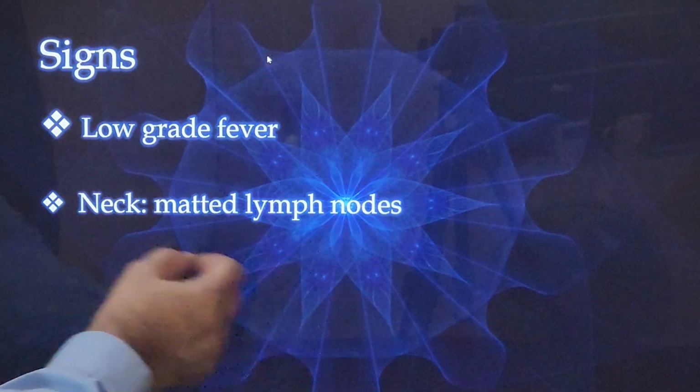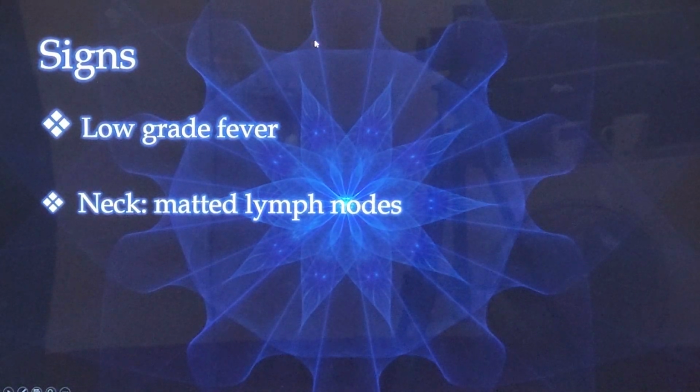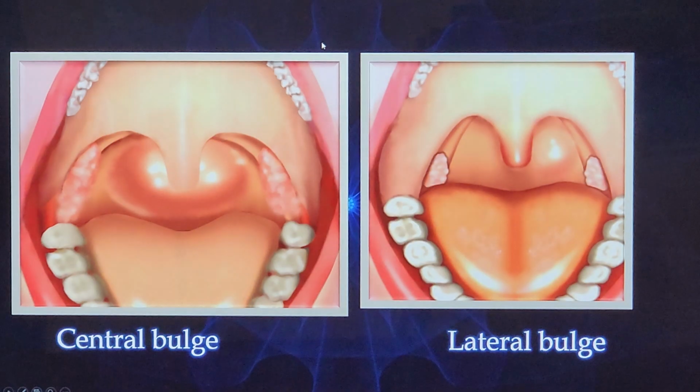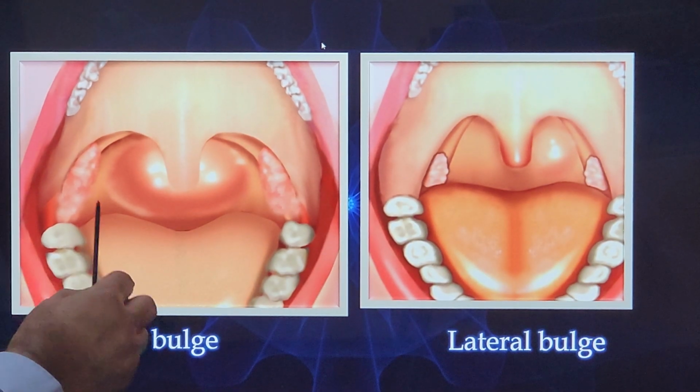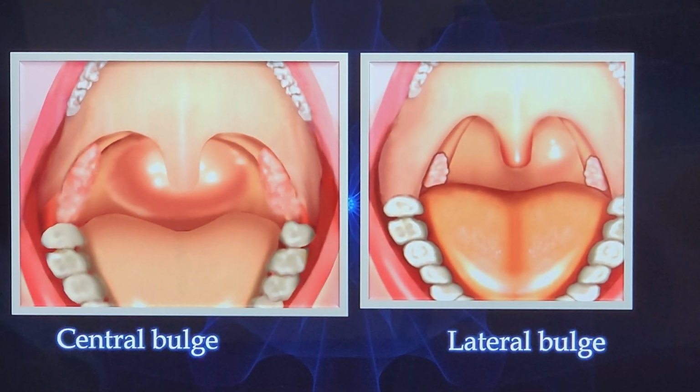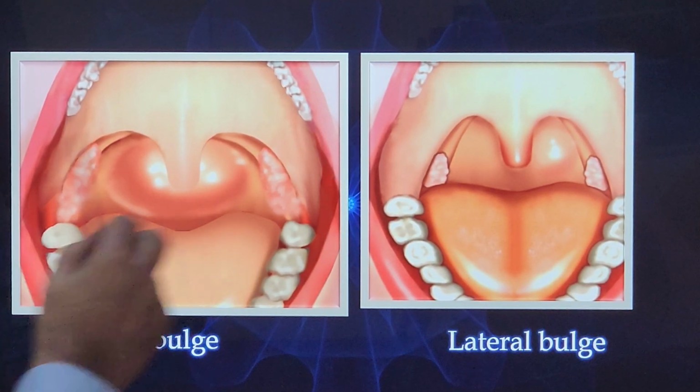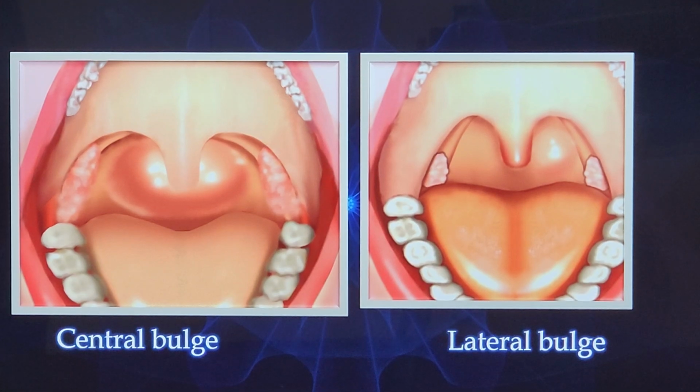On examination, they'll have enlarged lymph nodes in the neck. In the oropharynx, we can see a central bulge, but it is not congested, it is not red in color, a single big bulge in the center, or it can be on the side alone. Why the difference? I'll tell you that.